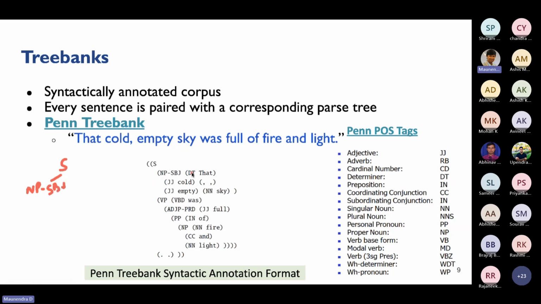And after NP-SBJ, one more bracket has started, so what is following it is inside this one. We have one more tag here, DT, and after DT, we have one terminal. So DT is giving rise to that one.